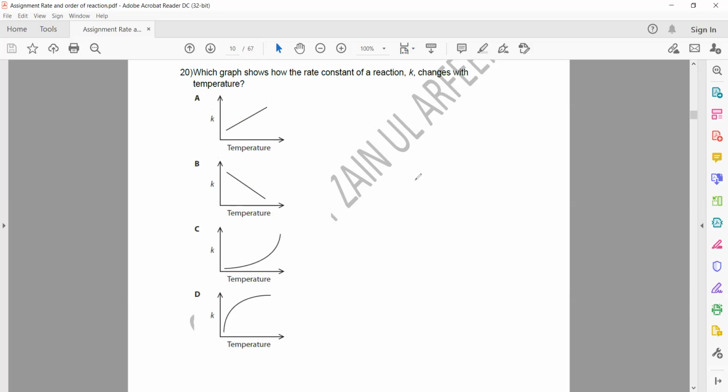It is ln k equals minus EA over RT plus a constant. So it does not have a direct relation. It has exponential change. If temperature is doubled, k will increase by a greater factor. That's why C will be the right answer.